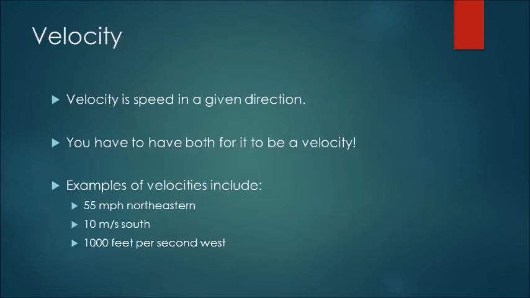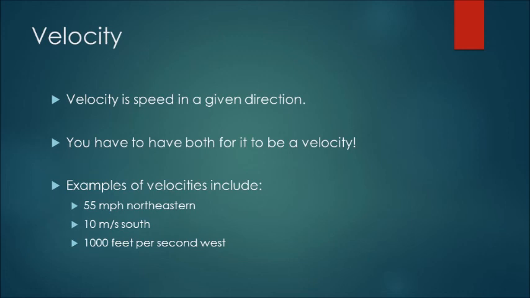Your last section is over velocity. Velocity is speed in a given direction. You have to have both speed and direction in order for it to be a velocity. If you just have 35 miles per hour, then that's just speed. If you have just north, then that's just direction. But if you put the two together, 35 miles per hour north, that gives us a velocity.